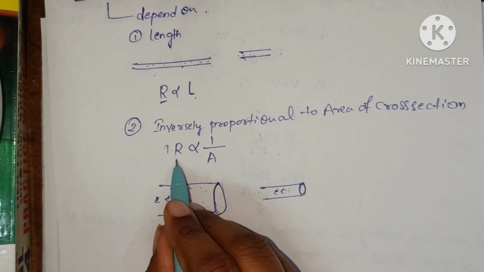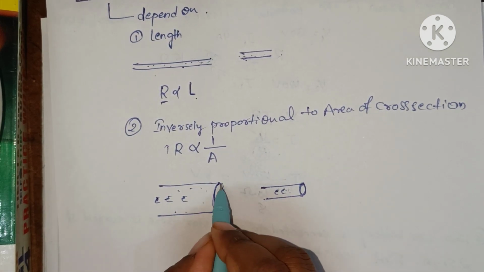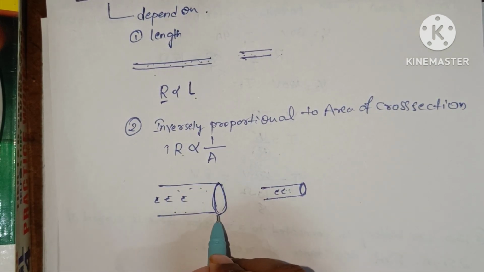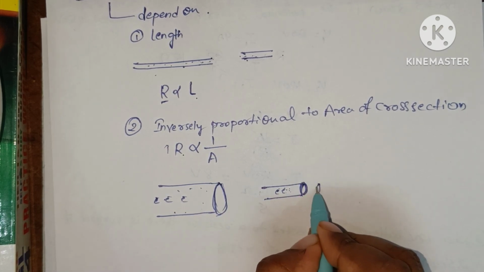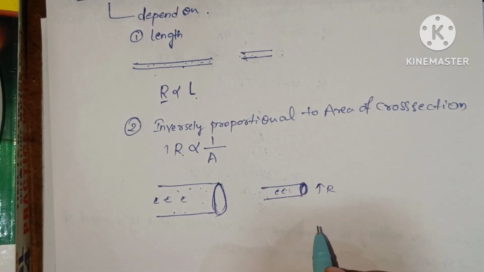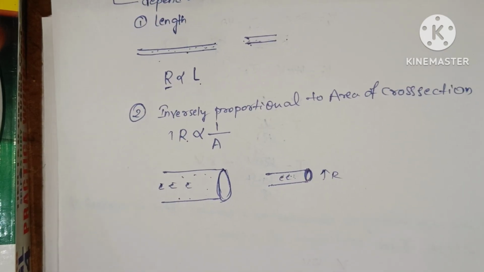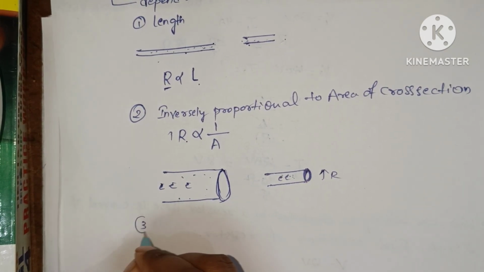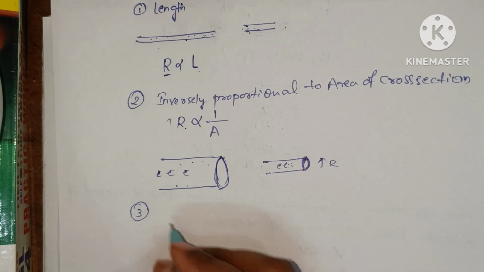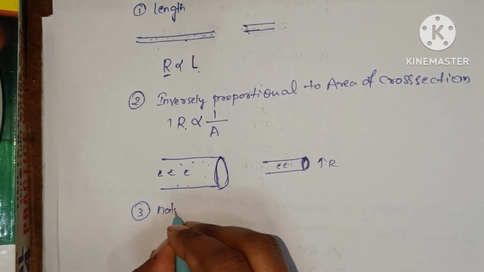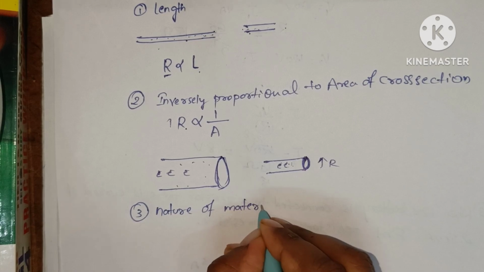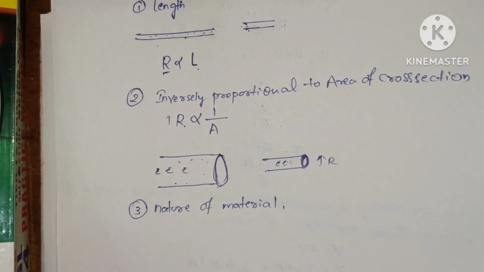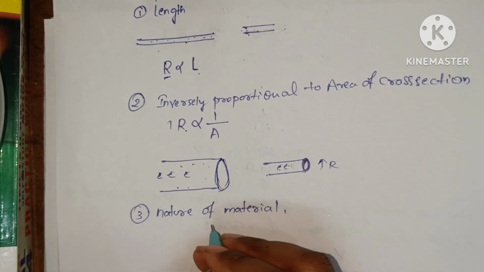So as the area increases, resistance decreases. As the area decreases, resistance increases. Understood? So it is inversely proportional to area of cross section, and it also depends on the nature of the material.